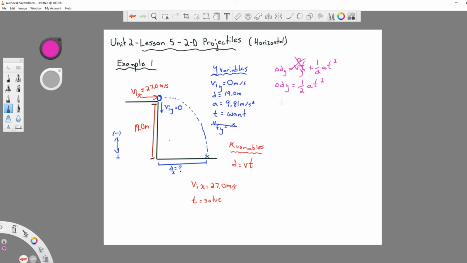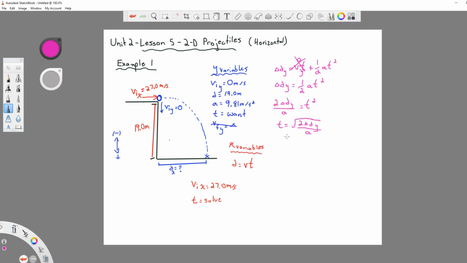Let's rearrange this formula, solving for t. We're going to have 2 delta dy over a is equal to t squared. So t will equal the square root of 2 delta dy over a.